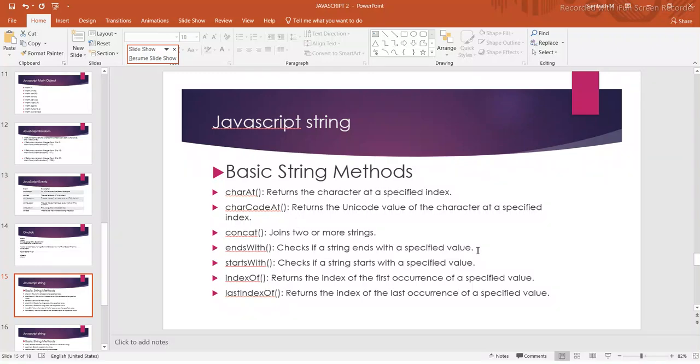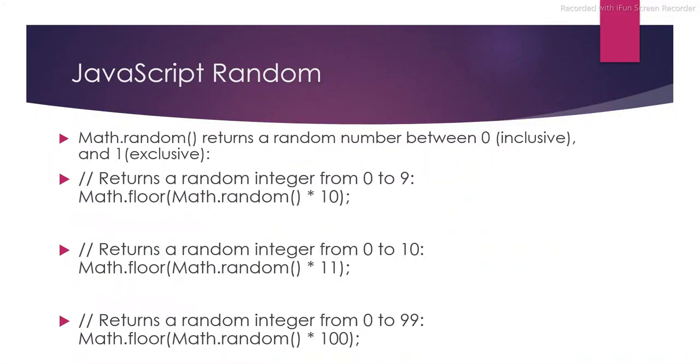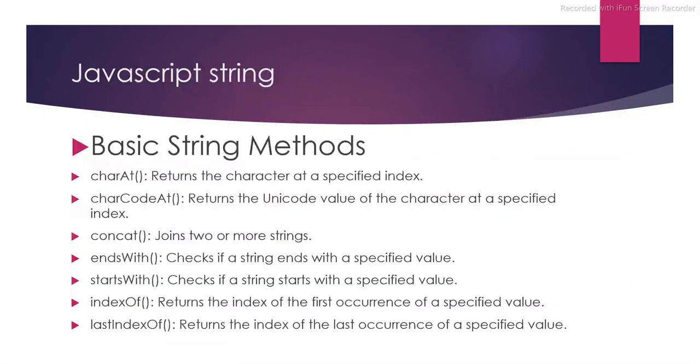Then I have string objects. A string, as you all know, is nothing but a set of letters, a set of alphabets. I have two strings, for example, hello and world. Hello is one string and world is another string.